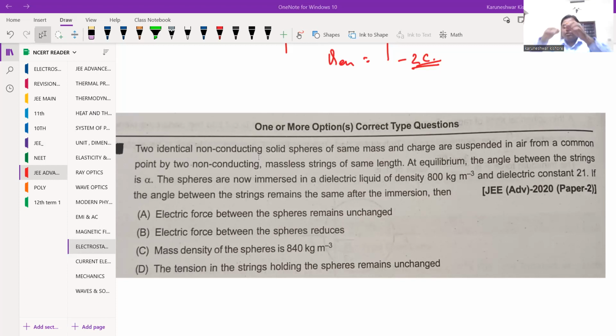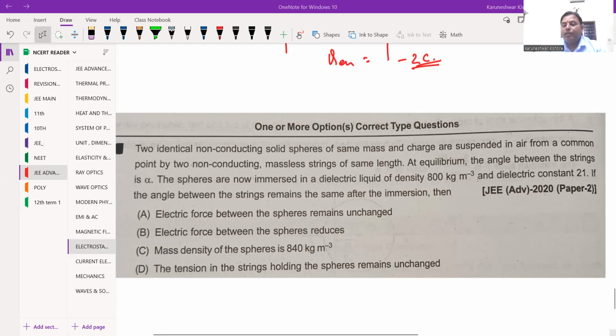Same point means the strings are like this. From the same point, the length of the string is the same, and the two non-conducting identical solid spheres of the same mass and charge are attached. This is suspended from the same point. This is given to you.